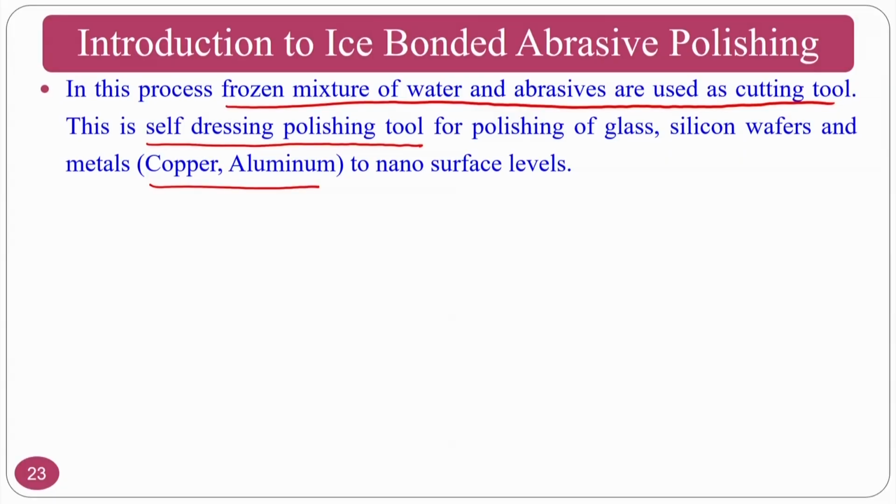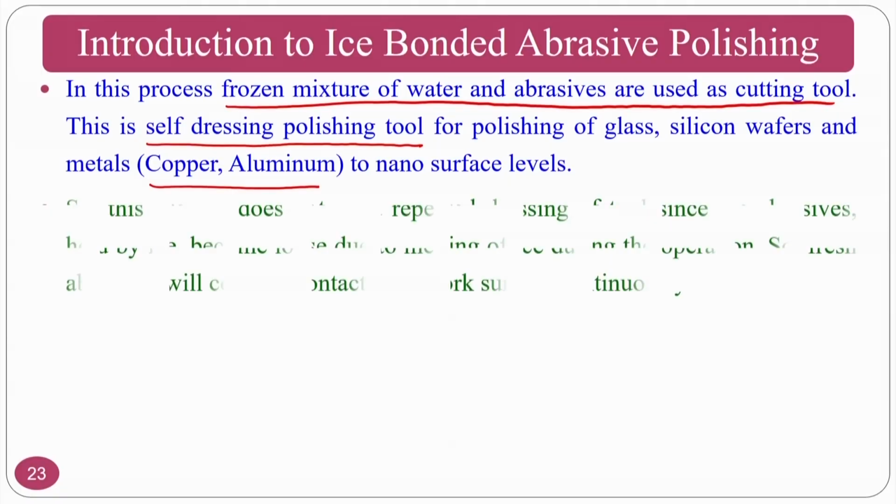For that purpose, you can safely go for aluminum and silicon glasses, because this has tremendous applications in mirror applications for the silicon industry or MEMS industry and other industries.